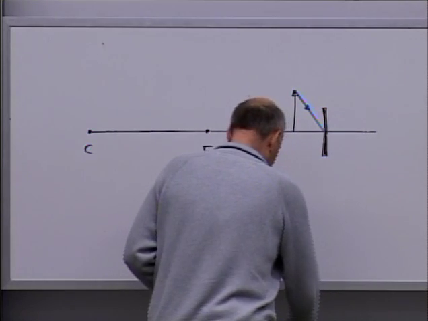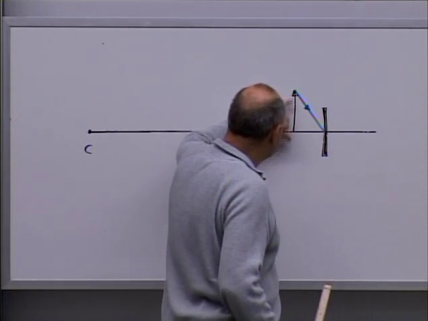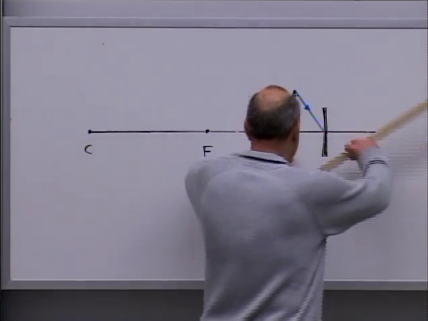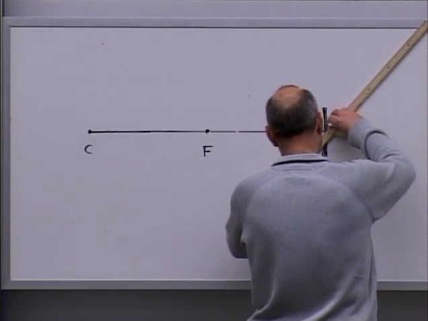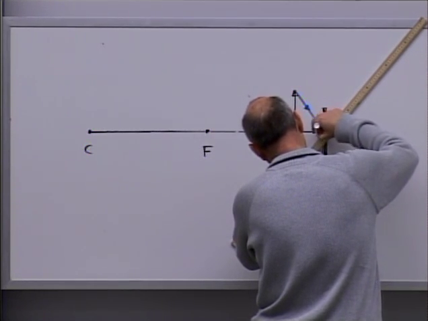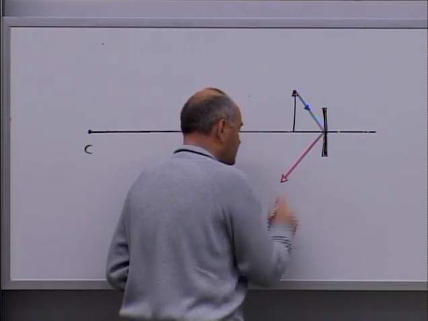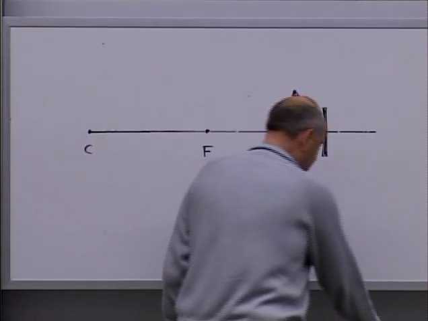This is along the chief ray, will be reflected symmetrically. And it will be reflected. So the arrow should be away from the mirror.